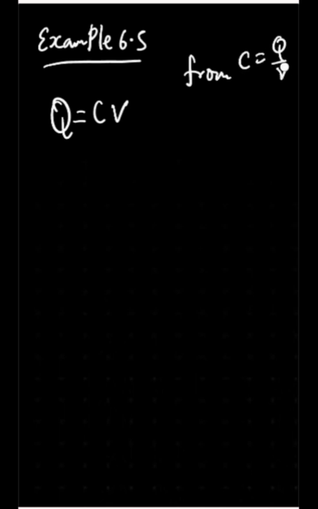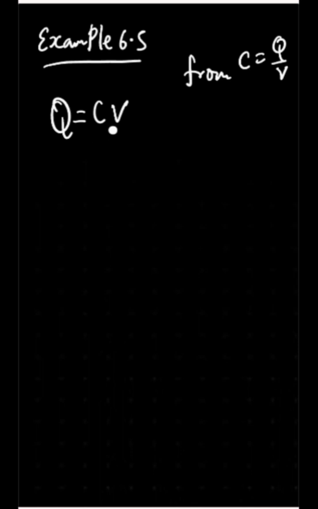So what do we do now? First, we'll look for the charge that is entering the first capacitor. Listen very carefully. Remember that Q is equal to CV, right? From C is equal to Q over V, you know now, right?